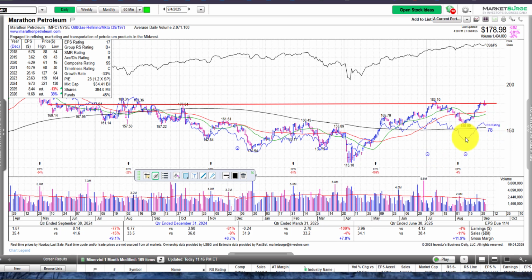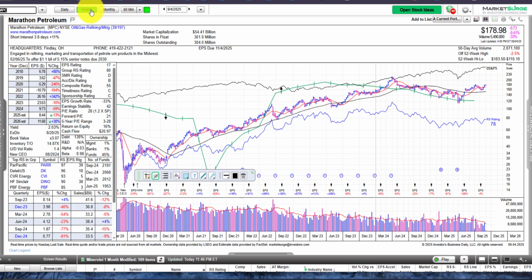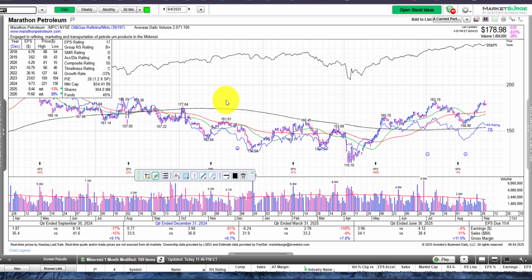We want to be above 80 usually. Mark Minervini says beginners and intermediates should have a buy relative strength of at least 82. Not quite what I'm after. Maybe a little more handle here. Yeah, it's got potential.